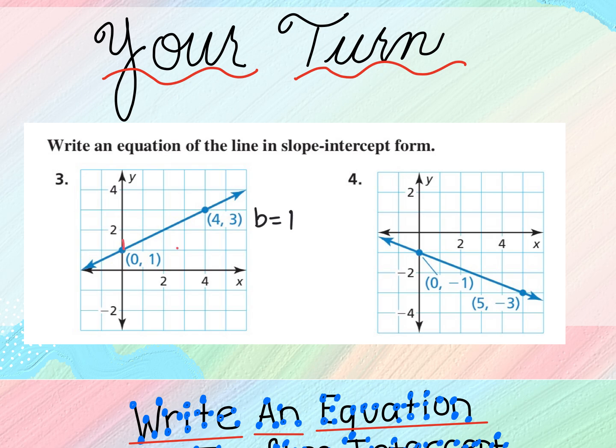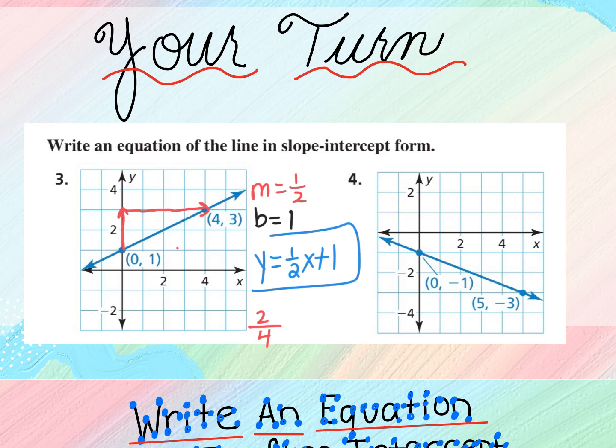So it's going up 2, which is positive. Let's write that here. And it's running 1, 2, 3, 4 to the right, which is also positive, and 2/4 simplifies to 1/2. So my slope is +1/2, my y-intercept is +1, so my equation would be y equals 1/2 x plus 1. So that one is correct.